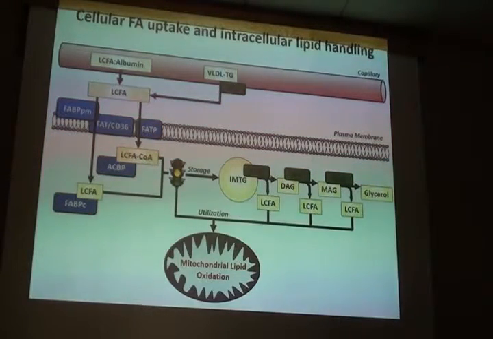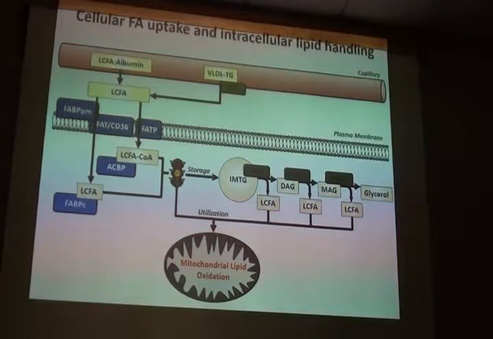Once the lipid gets into the cell, if it goes through FATP, it has an acyl-CoA synthetase activity, so it'll naturally produce a long-chain fatty acyl-CoA, which is then bound to acyl-CoA binding protein, ACBP. If it goes through this co-transport mechanism, the long-chain fatty acid will enter unesterified and then be bound by a fatty acid binding protein in the cytosol.